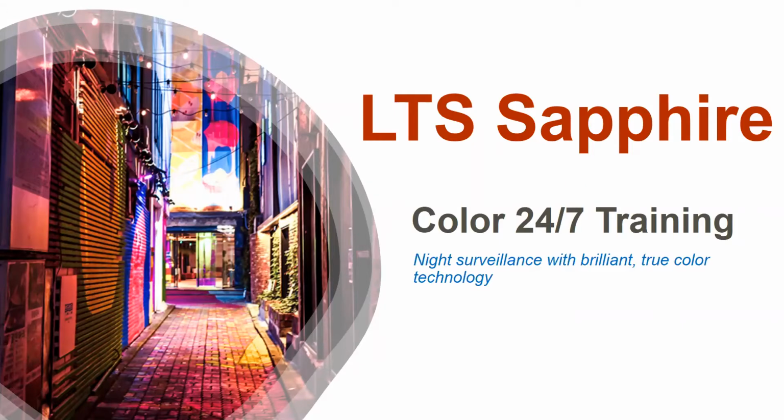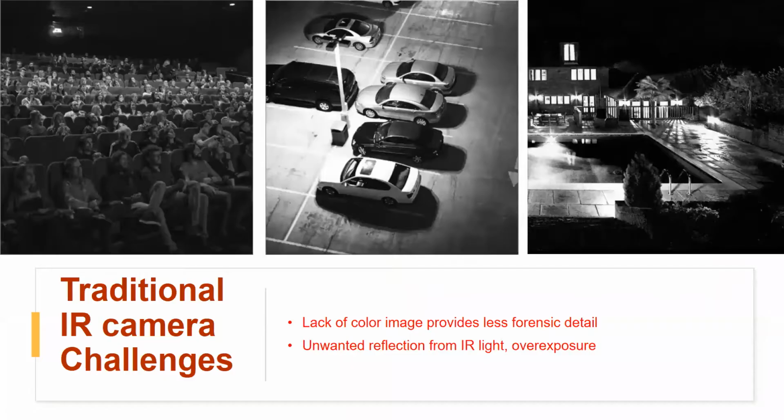Thank you. Okay, so we're going to be going over the color cameras that we currently have in our stock. For traditional IR, there is a lack of images. When you have a traditional camera, they usually tend to have just a standard IR, so you'll only see a black and white image.